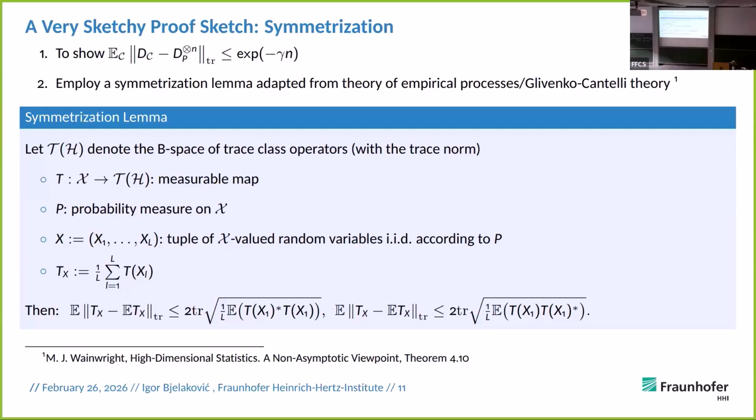So I have 4 minutes left. Yes, exactly. So that's one of the points. This is exactly the same machinery as we use for statistical learning. So maybe there's a way to make it rigorous.